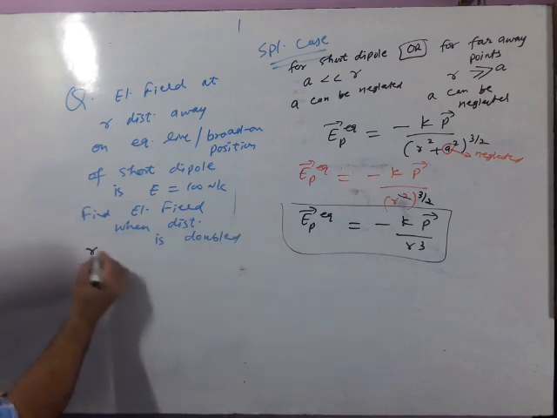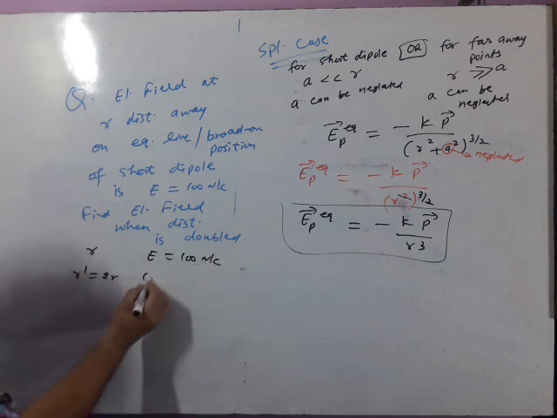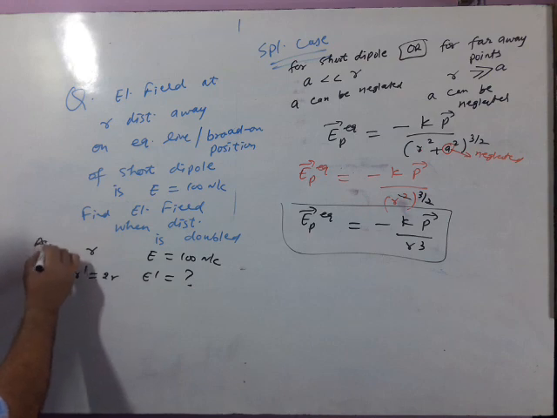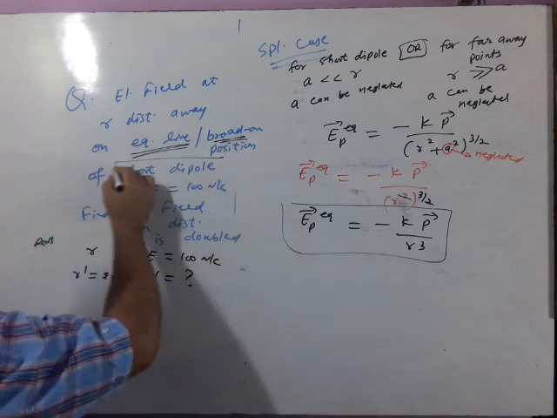Means at r distance the electric field is E, and on doubling the distance you want to find the electric field. But now it is the equatorial line or broadside-on position of a short dipole.